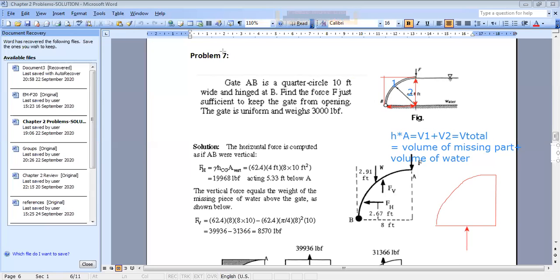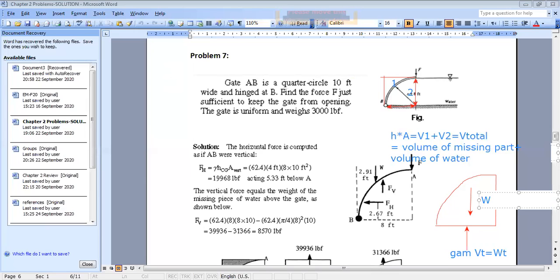It's the total weight. So it's equal to gamma times V total, which is equivalent to the total weight. Now, from this part, you still have the weight of the volume of water inside your control volume, which is the actual volume of water. So this force is W2. It's the weight of water under my surface.